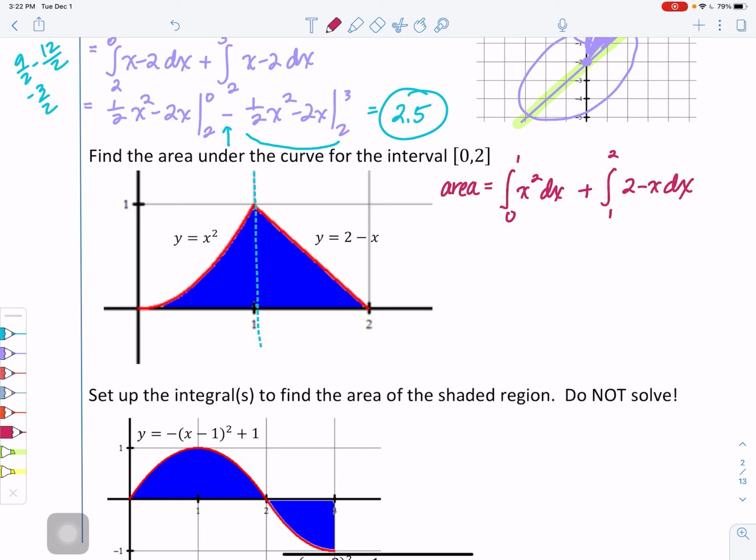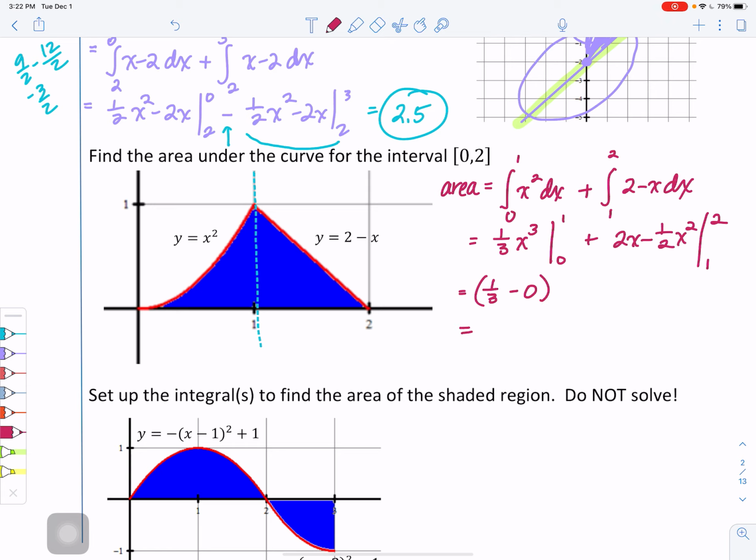Keep in mind, we can always add areas. So now we have 1/3 x cubed evaluated from 0 to 1 plus 2x minus 1/2 x squared evaluated from 1 to 2. Now, if you plug in 1, you get 1/3, and subtract plugging in a 0.